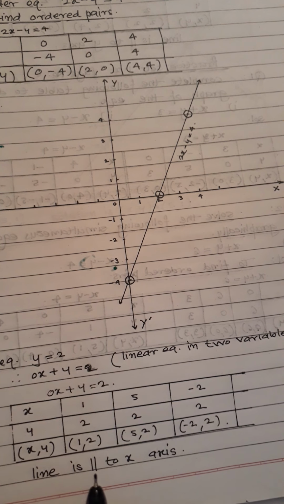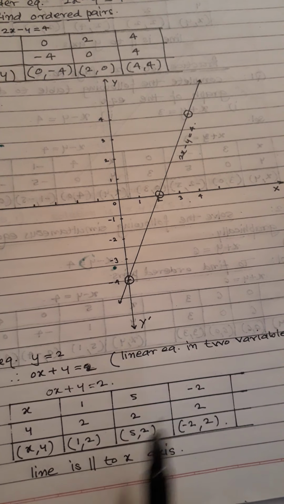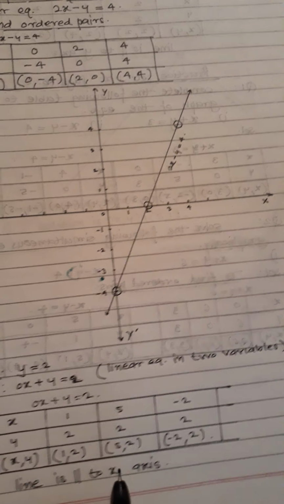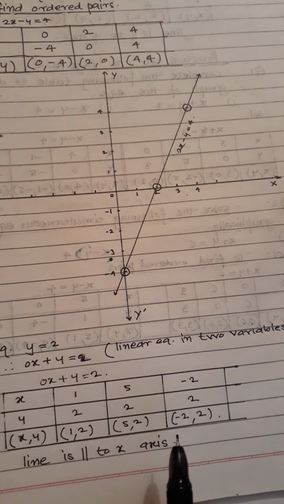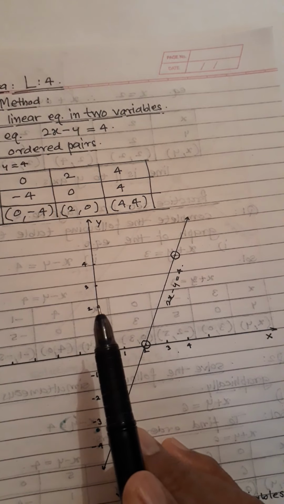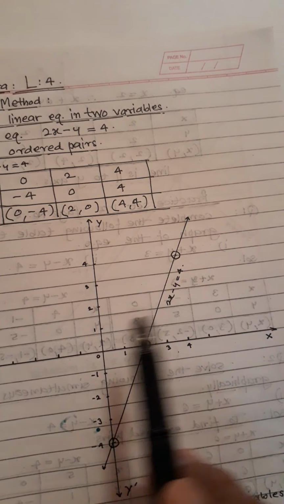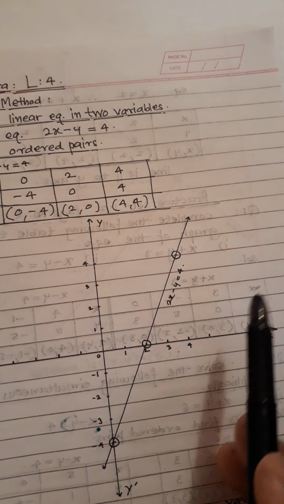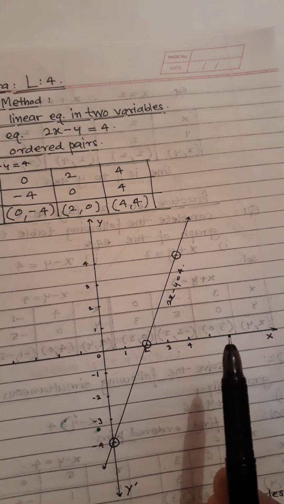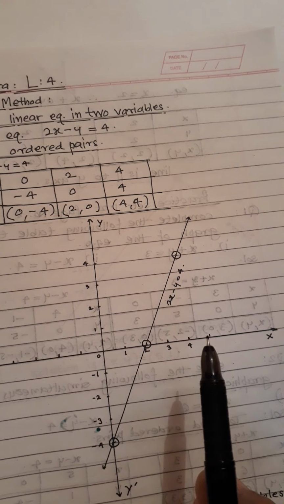So if you draw this line on graph paper, you will find that this line is parallel to the x-axis. Okay, so this is your line. So y is equal to 2 throughout, and therefore this is your line which is parallel to the x-axis. Okay, remember this point.